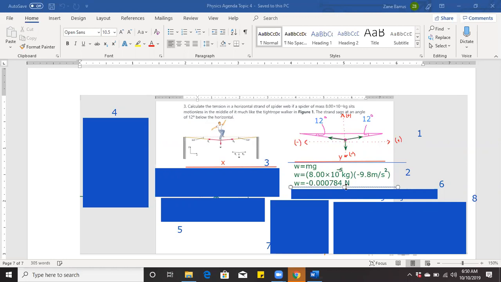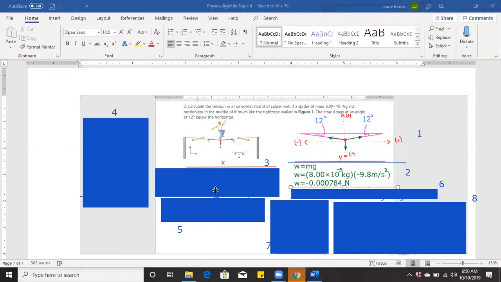Remember that equation, W equals mg. If I multiply 8 times 10 to the minus 5 by negative 9.8, I get that his gravitational force, his weight, is negative 0.000784 newtons. Now we're not going to use that number right now, but we're going to shelve it. We're going to come back to it later.